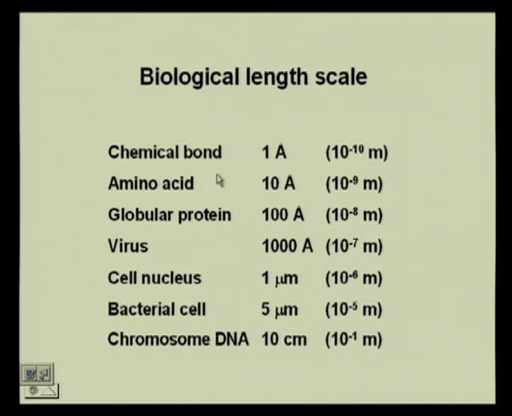And as we go higher and higher, you see how this length scale actually goes on and ends at DNA, which is actually 10 centimeters, which is pretty long if you look at it from a protein point of view. Considering that you have a globular protein that is still in the angstrom realm, in the order of 100 angstroms, we have a chromosome DNA that is around 10 centimeters.